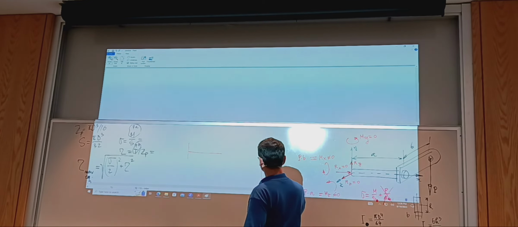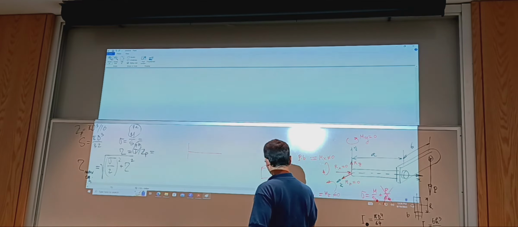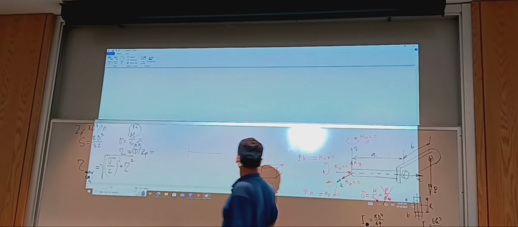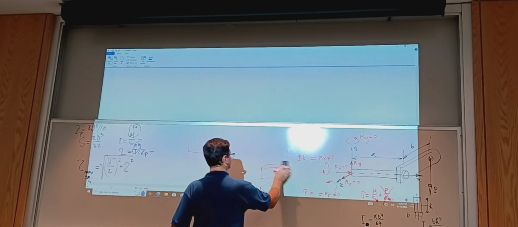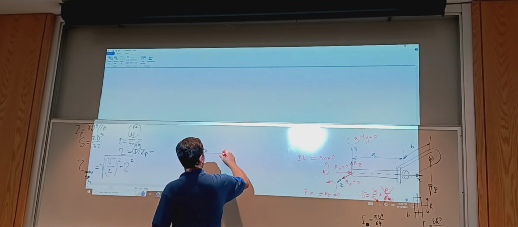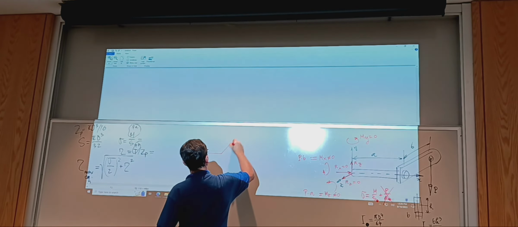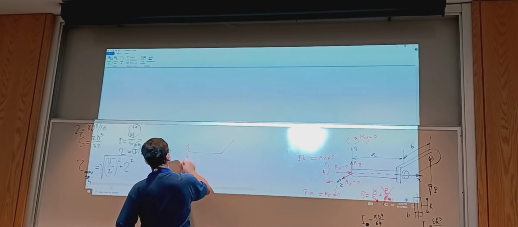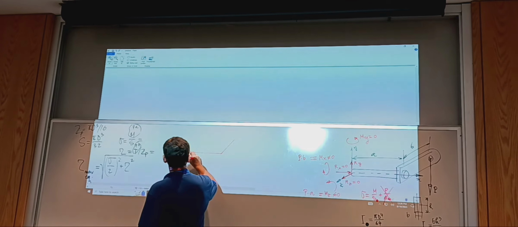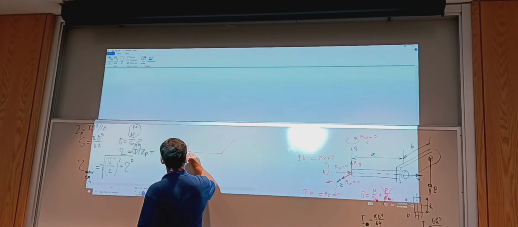So if you're in CAD, the perspectives will be this one, then this one. Anyway, I'm drawing just the neutral axis, and this is the support. So we have, if you remember, two effects, or rather three effects.